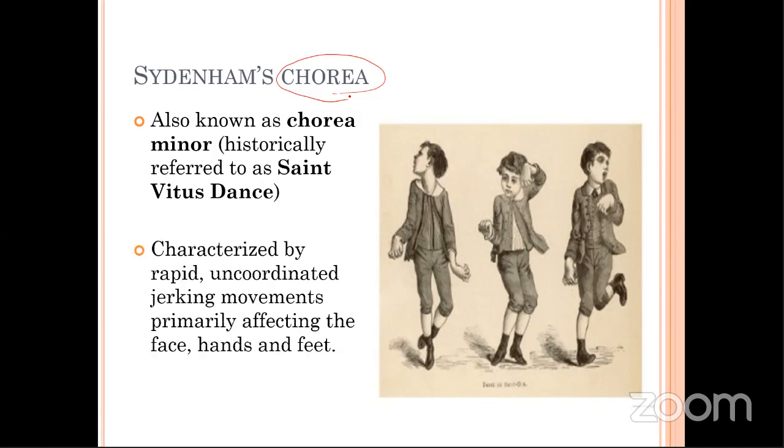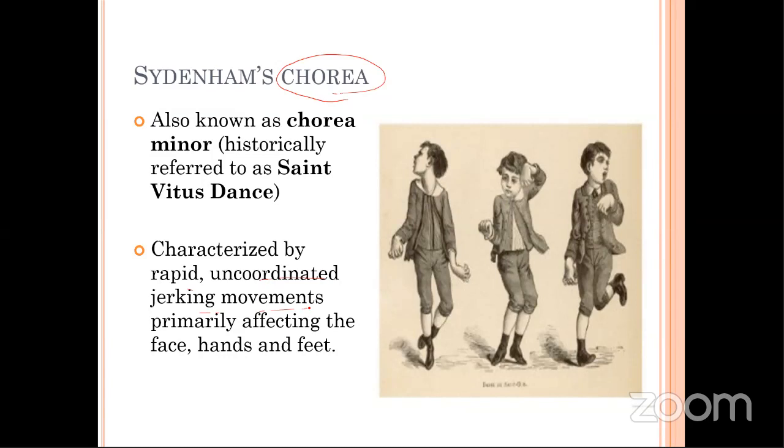And it is characterized by rapid, uncoordinated, jerking movements, primarily affecting the face, hands, and feet. So there are rapid, uncoordinated, jerking movements. These movements resemble dance, but this is actually not some kind of dance.